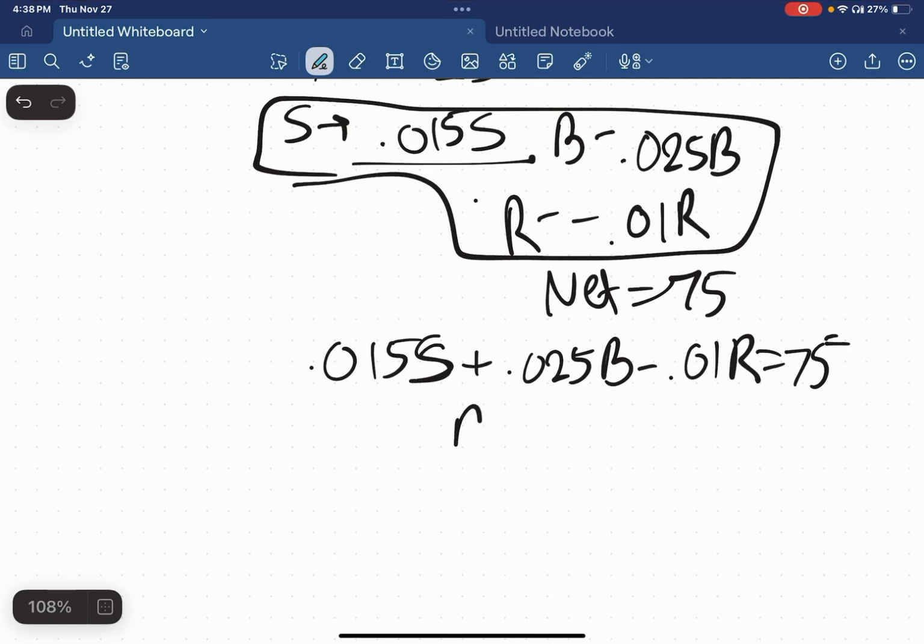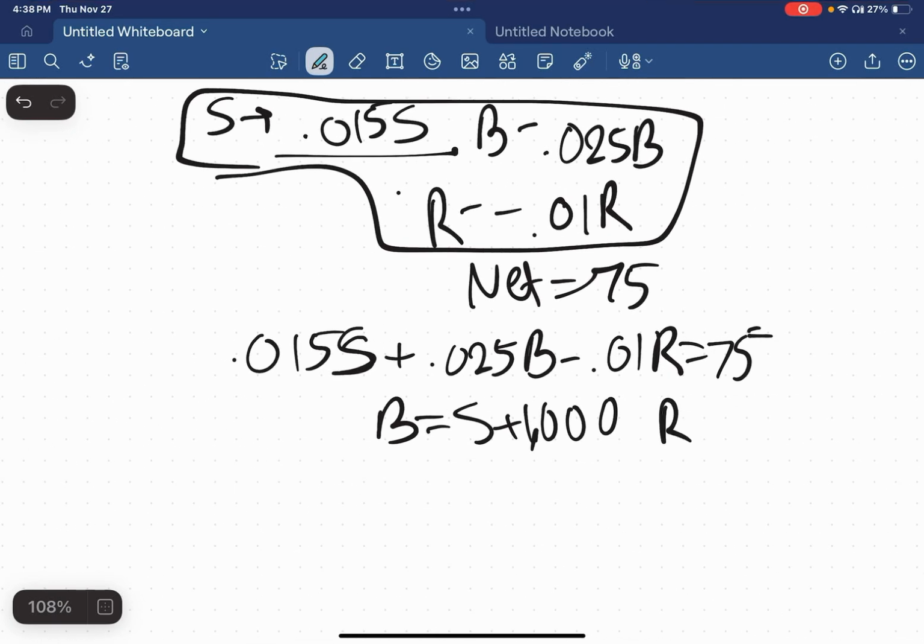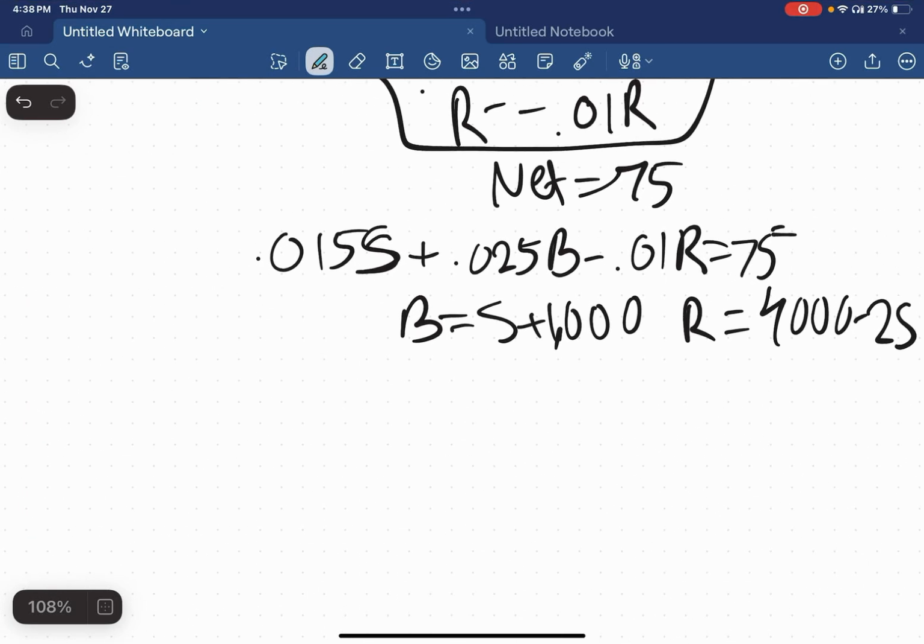Let's substitute bonds, which is equal to S plus 1,000. We're going to convert all these into his savings. And R is going to be equal to 4,000 minus 2S.